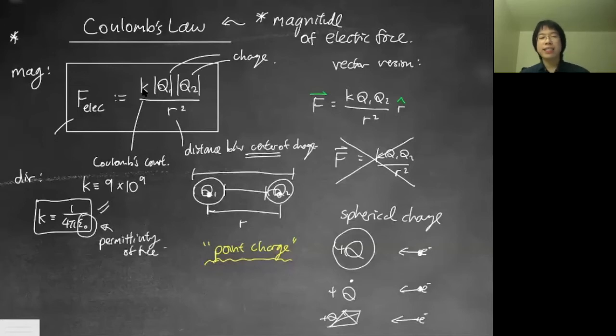The permittivity of free space has something to do with how the structure of space works, and how easily this electric force permeates the space. So it's more fundamental, and Coulomb's law comes out of this. I do not remember this value off the top of my head. You can Google it, it's in your textbook as well, and all these constants will be given if you need them. So Coulomb's law sometimes can be written in terms of that.